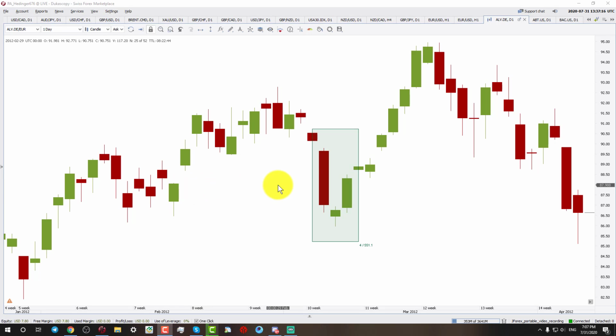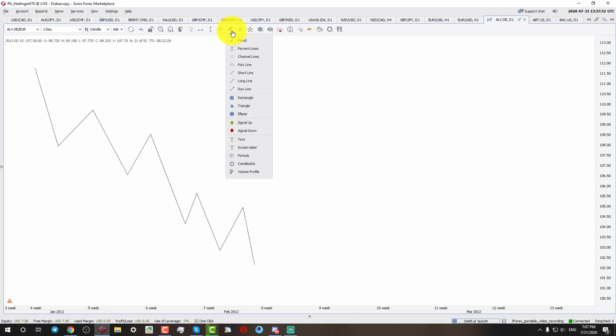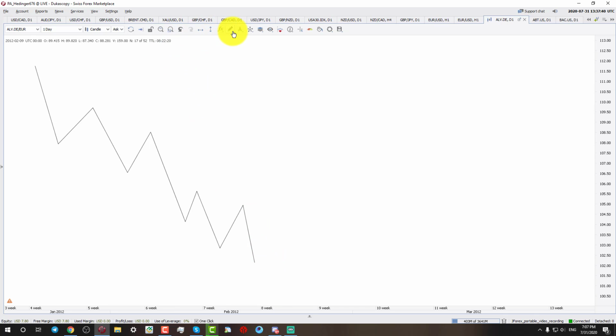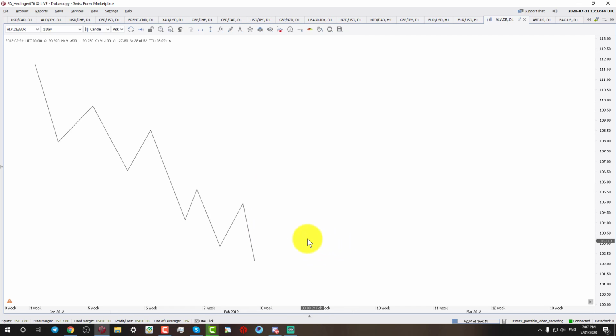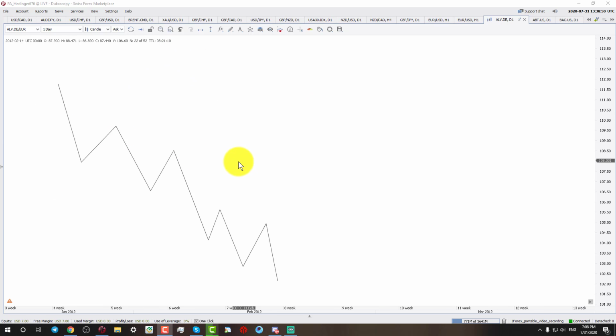Okay friends, to dwell into the examples, first we need to know what the morning star looks like. First of all we need a downtrend for the trend reversal to take place. This is a candlestick pattern which gives you a bullish reversal.